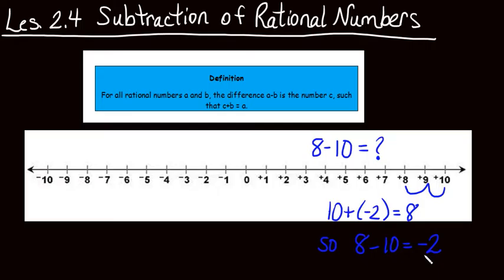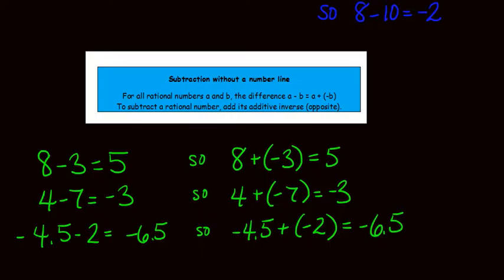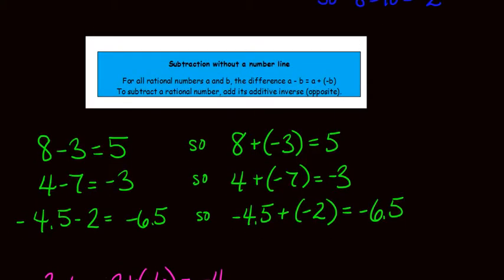Now I know that's kind of weird, and that's not the way we're going to think about it when we do it, but I just wanted to show you the background and how it really works out. We're going to think about subtraction using this rule, I should say.